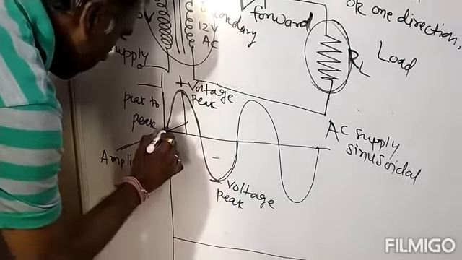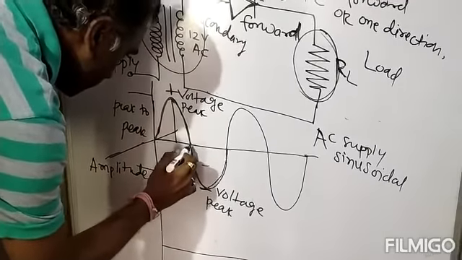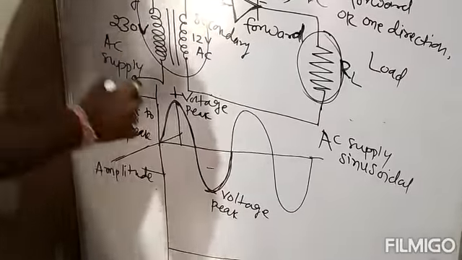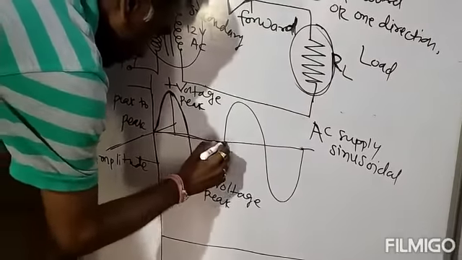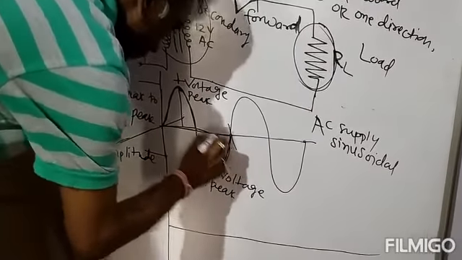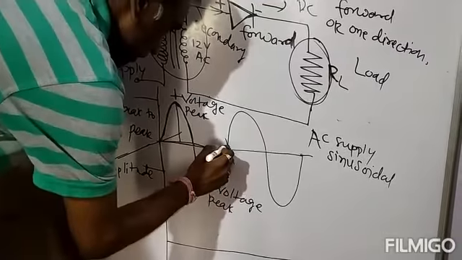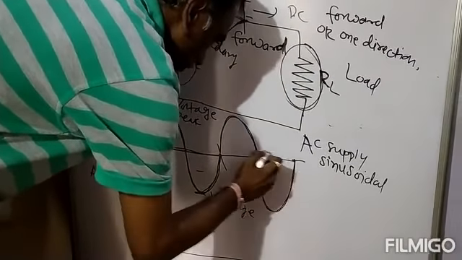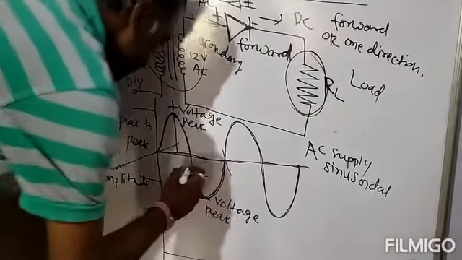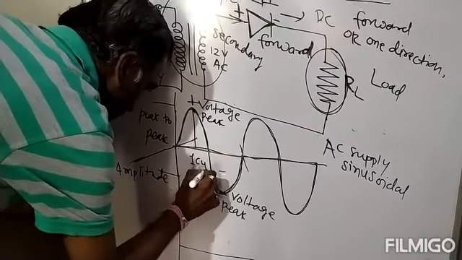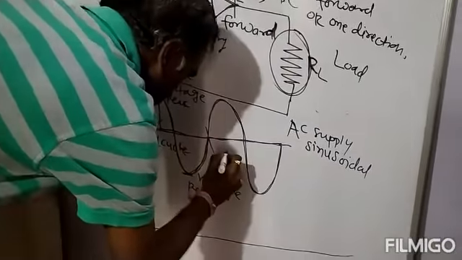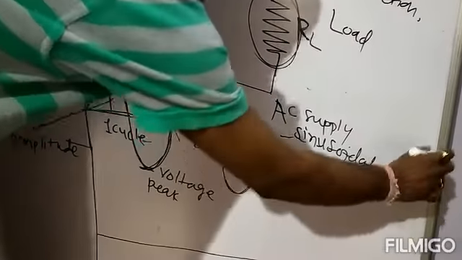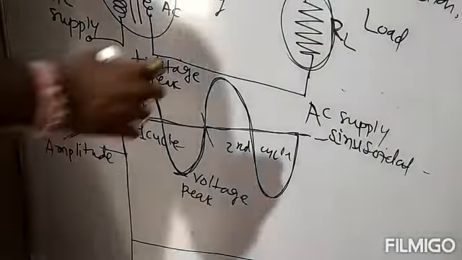Whenever the wave starts from here, it is a positive half cycle, and whenever it goes below, it is a negative half cycle. This complete waveform is called one cycle. Now the second cycle starts from here. This complete cycle is the second cycle, and it continues so long as the supply is on.